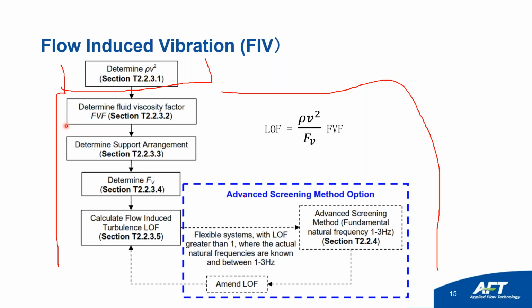There's an advanced screening method option that is also calculated automatically by the AFT spreadsheet. It is used for low frequency systems between 1 and 3, and it calculates a correction factor for the LOF that it applies to the LOF calculated by the traditional method.